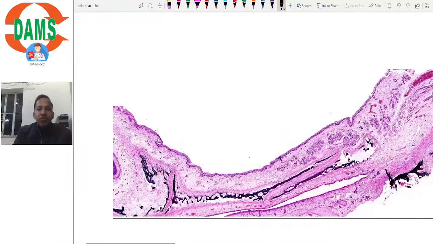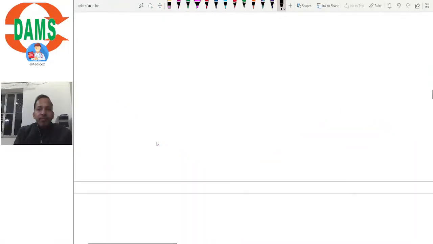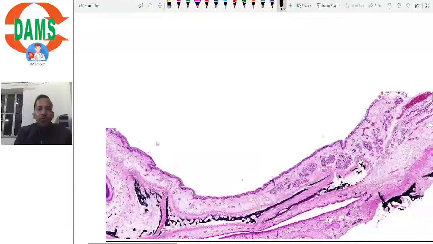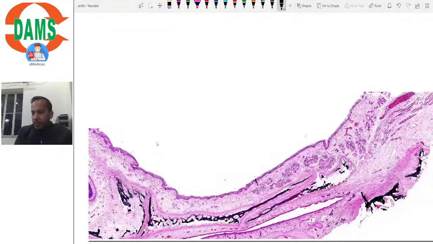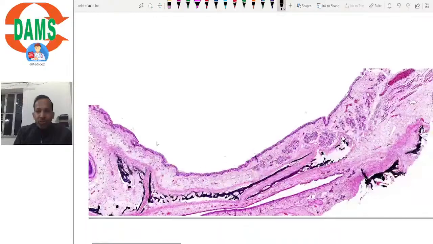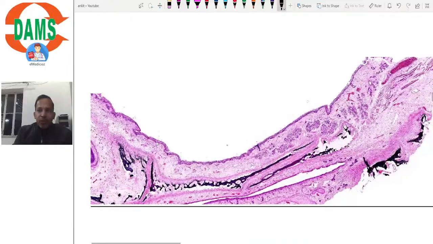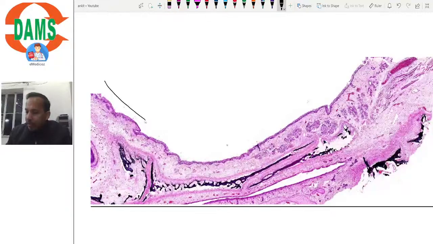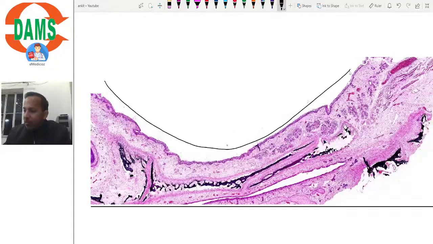So this is the next tissue. Yes, this is the next tissue. Can you identify this tissue? If you take a look at the curve of this tissue, this is the natural curve. In the oral cavity, this black portion is hard tissue. Can we identify this black portion as bone?